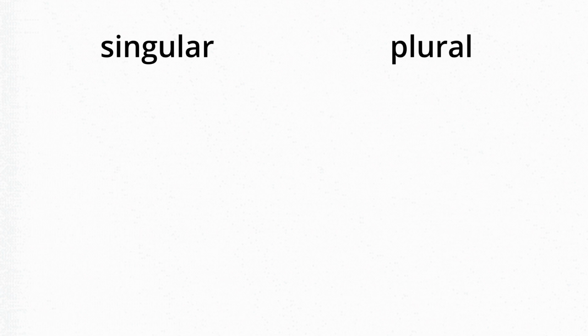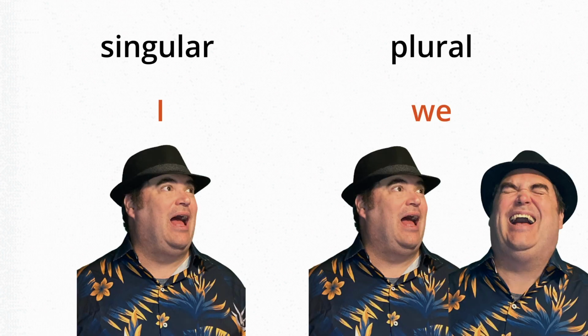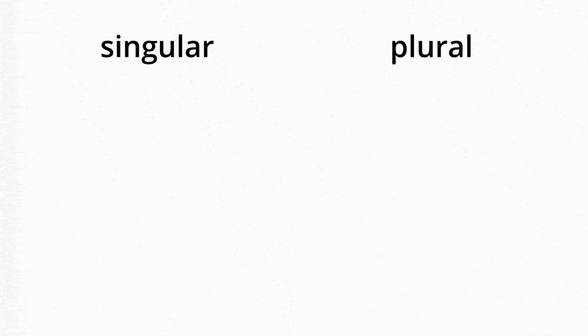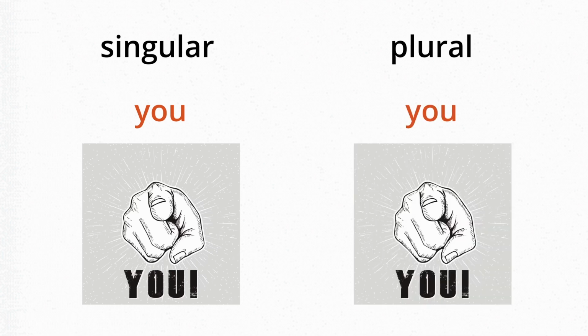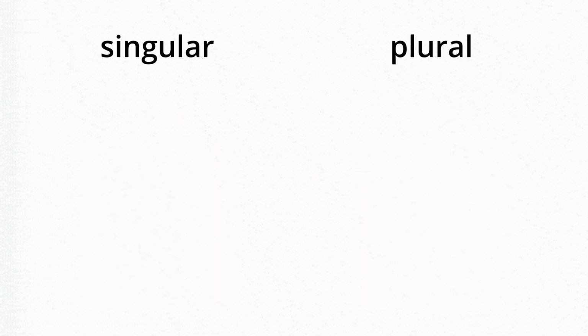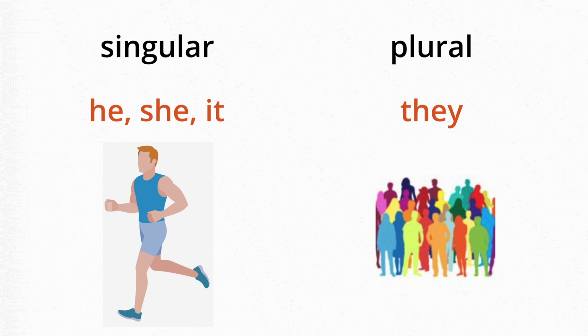So the plural for I would be we, would be me and other people with me. The plural for you in English is just you. Super easy. And the plural for he, she, and it is they. More than one he, more than one she, more than one it. It's just they. And these are the subject pronouns, the ones that come before the verb.